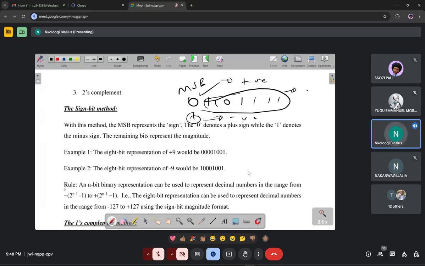We're saying that we have a rule which helps us in defining the ranges. And this rule gives us a formula, which is minus 2 to the power n minus 1, plus 1, up to 2 to the power n minus 1, minus 1. This is the formula. So where does this formula actually help us?